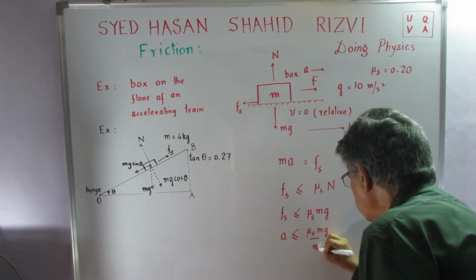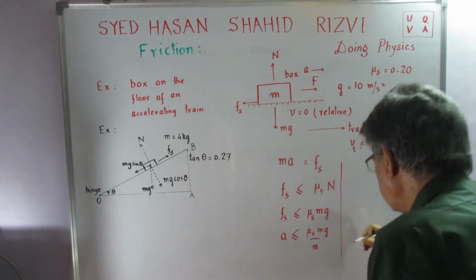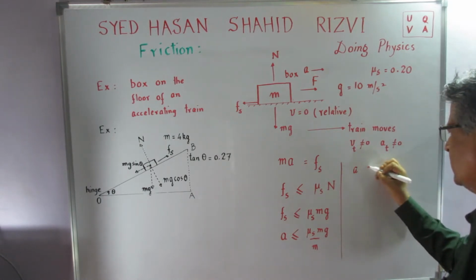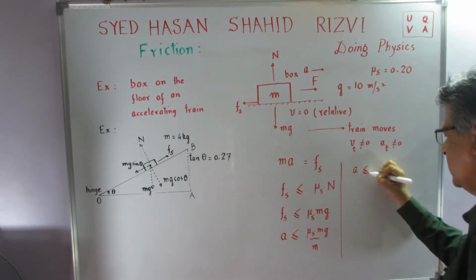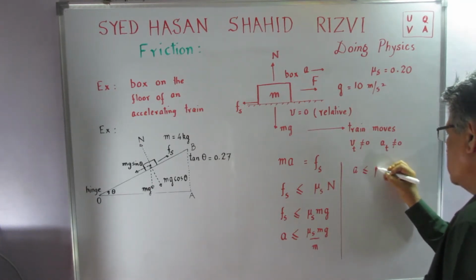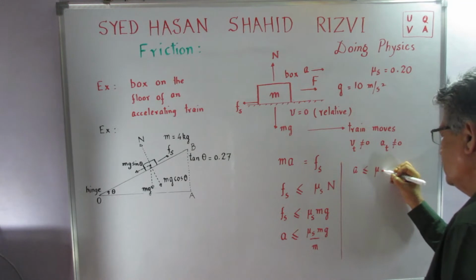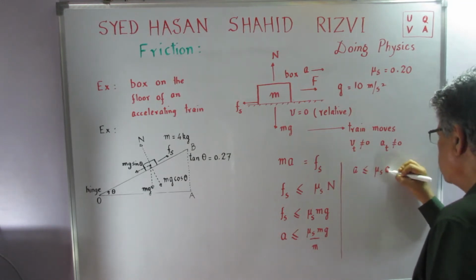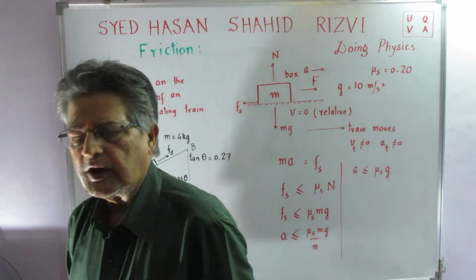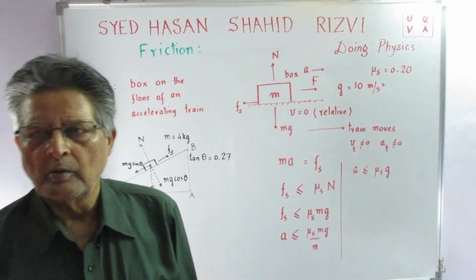So the acceleration a is therefore smaller than or equal to mu s g, and m will cancel. This is a very interesting thing, that this acceleration which we are going to calculate is independent of the mass of the body.